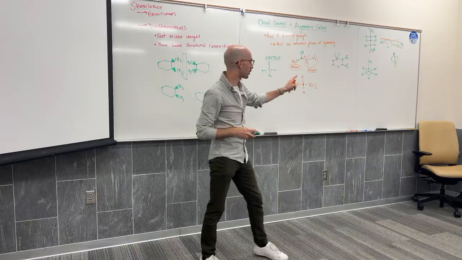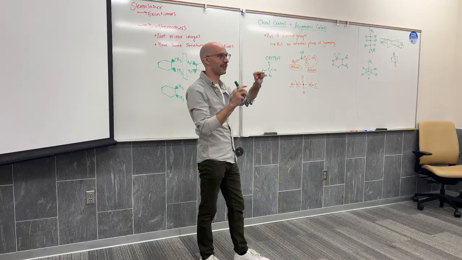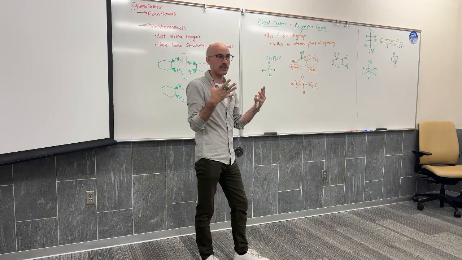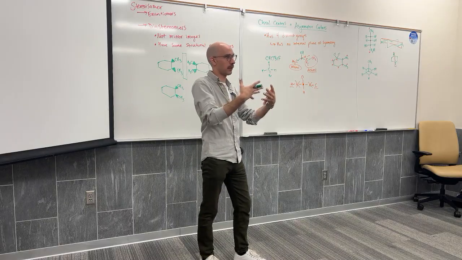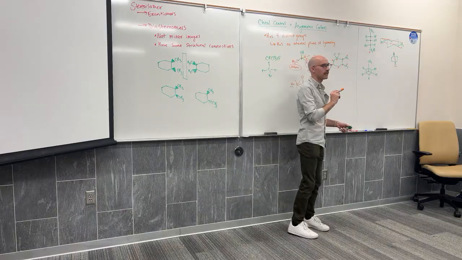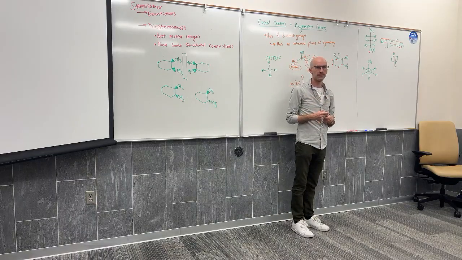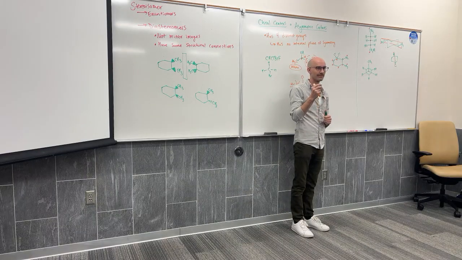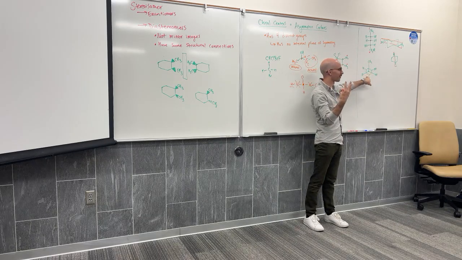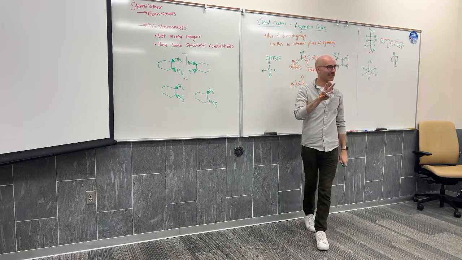If it's easier to convert this into bond line structure, do it. It's really good to have that skill of being able to convert both ways. How many carbons in this molecule? 1, 2, 3. 3 carbons.